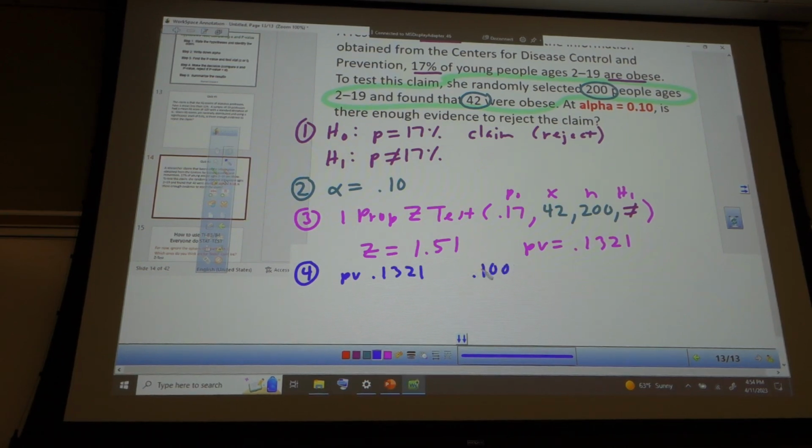I'll make it have the same number of decimal places. It's bigger than alpha. So we fail to reject. Yeah, we fail to reject H naught.